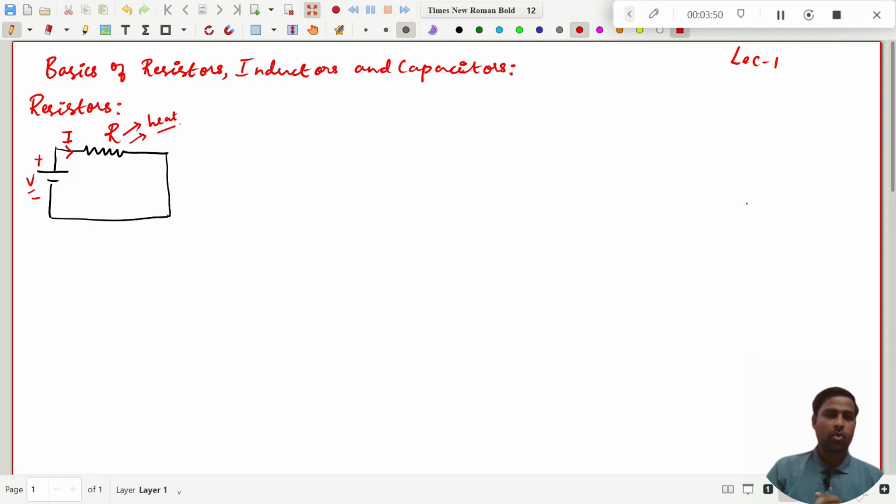This we know already. This is the purpose of resistors in electrical networks. So it is actually limiting the current.